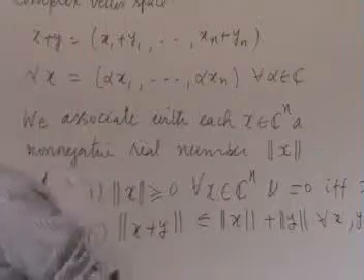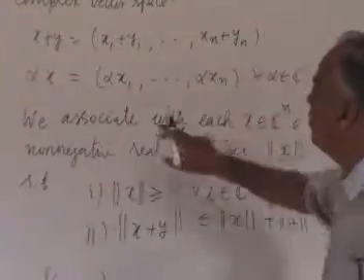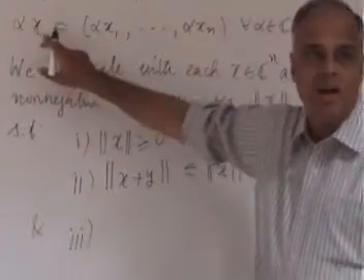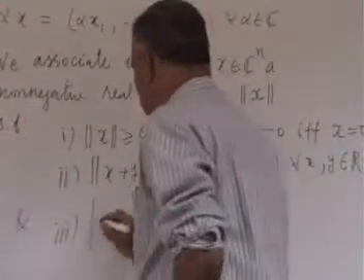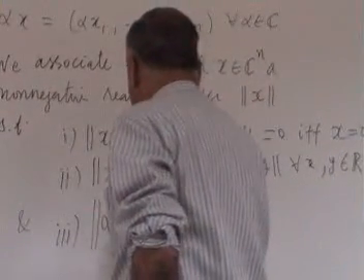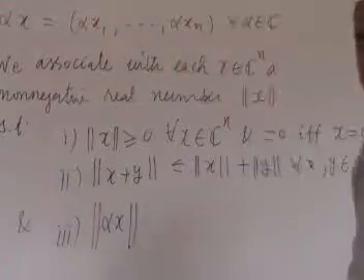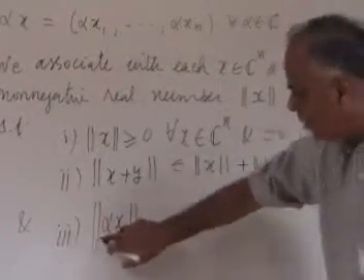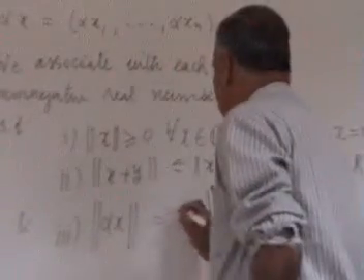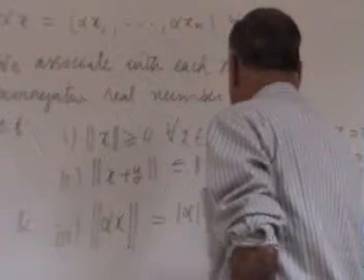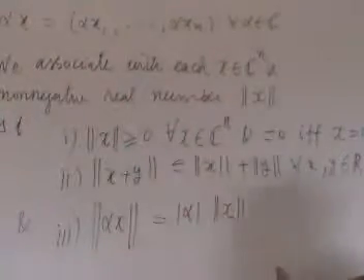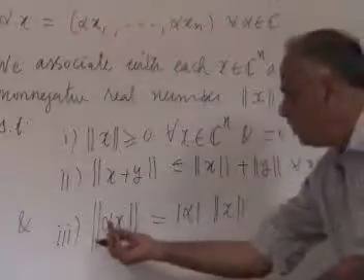Now, how does this look? The next operation involves a scalar and a vector. So, if you take a vector and multiply it by a scalar, you get another vector. Now, if you look at that association, it should come out as this. That is, you want to put modulus. Modulus makes sense for alpha.